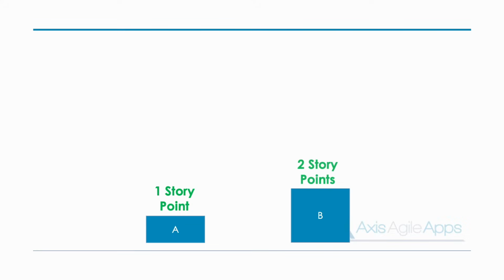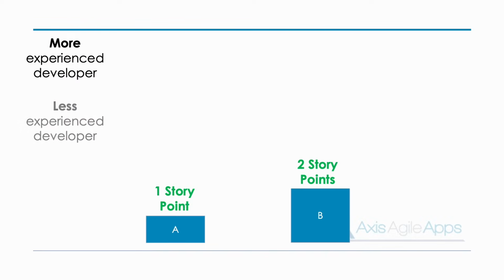Okay, so let's go back to my example of product backlog item A and product backlog item B, where we gave A 1 point and B 2 points because it's twice the amount of effort. Now let's say we had two developers and one developer is much more experienced than the other.